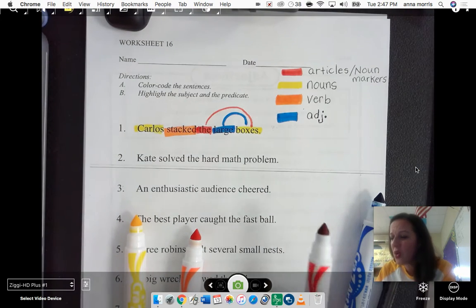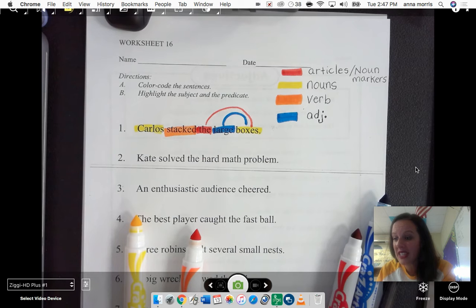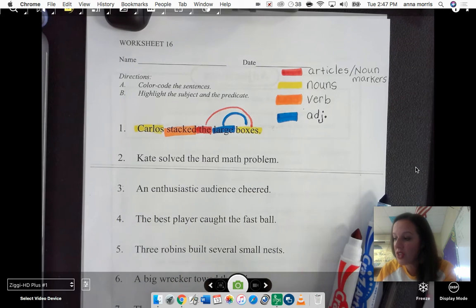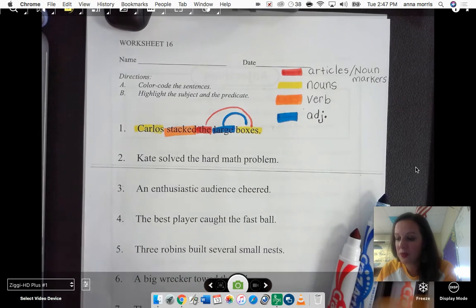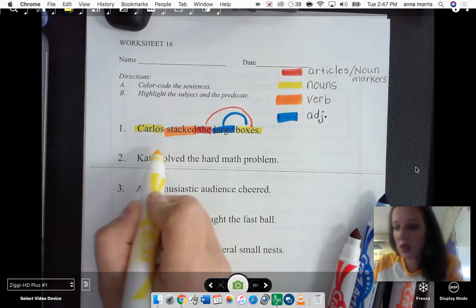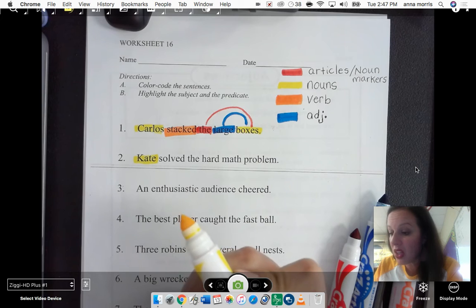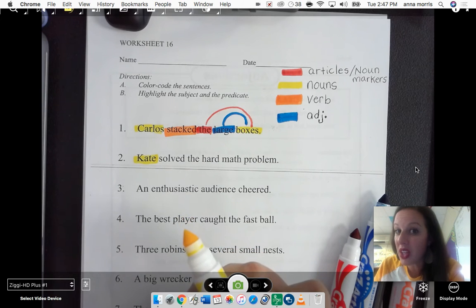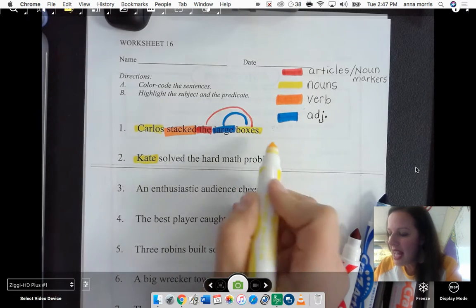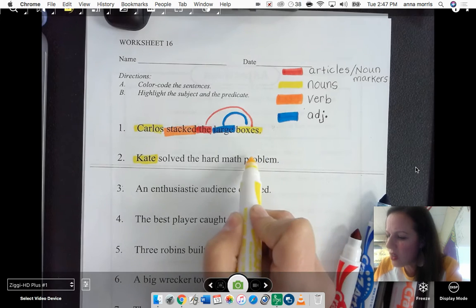Okay, so let's try our second sentence. Kate solved the hard math problem. Our first naming noun is Kate. It's going to be yellow. In fact, all names are yellow. And let's see, she solved a problem.